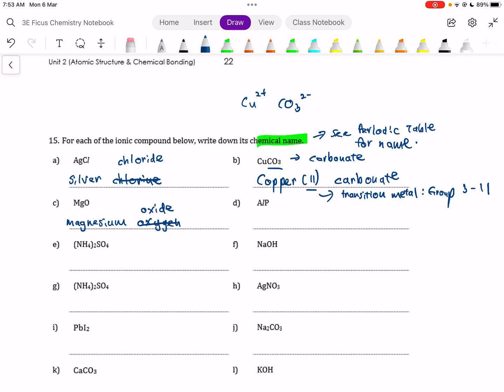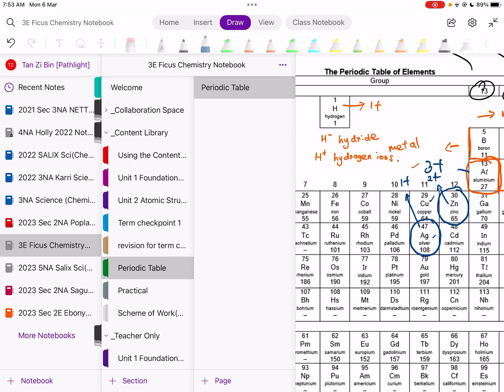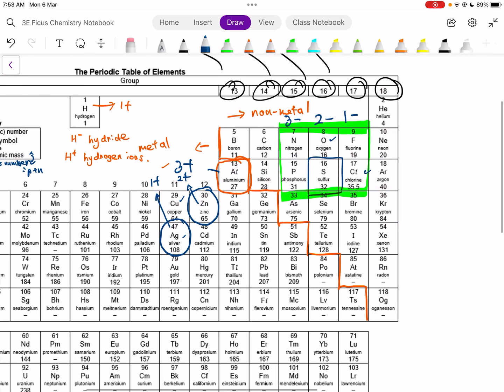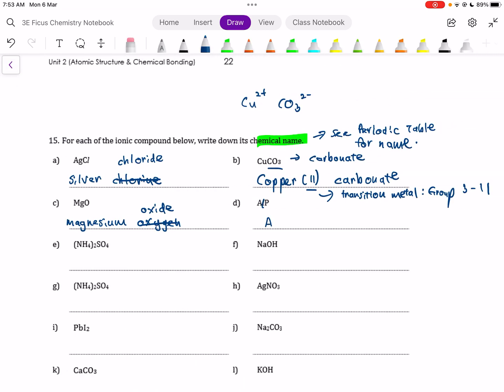Then next thing I have AlP, Al with the small l down here. Al is down here, and P is down here. Phosphide, aluminium phosphide. No need to write the II, all those Roman numerals, because they are not transition metals.